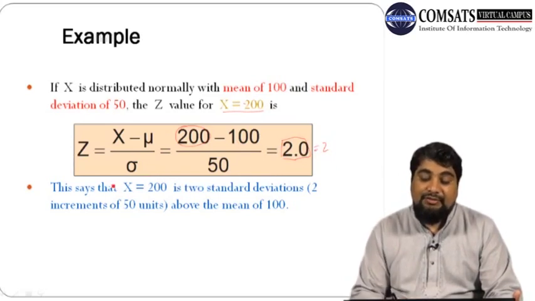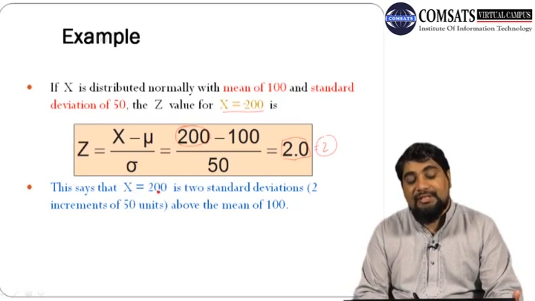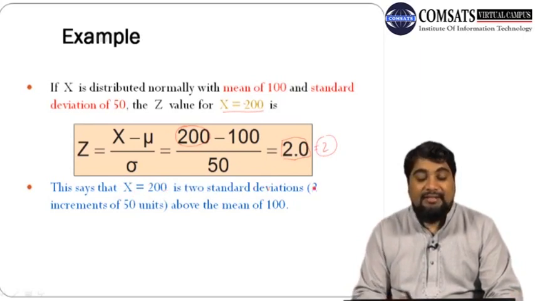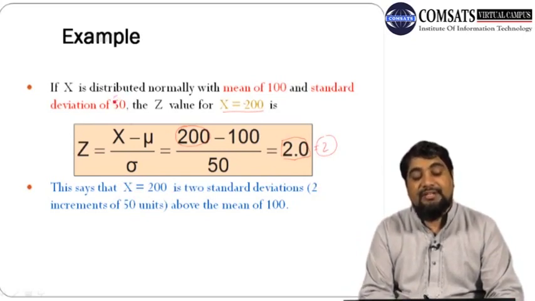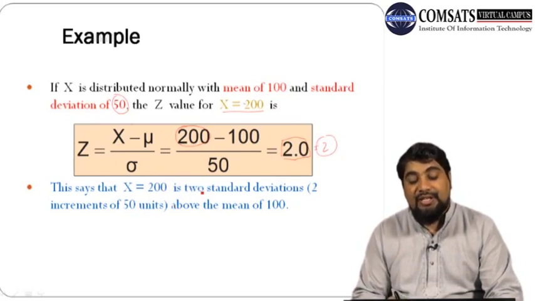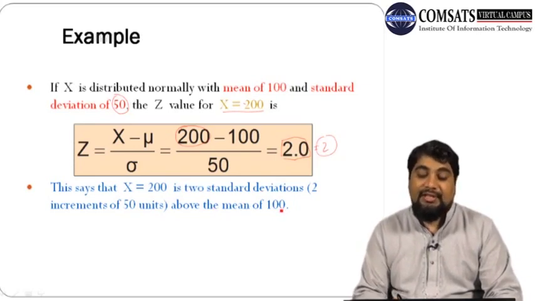This 2 means that x equal to 200 is 2 standard deviations, that is 2 increments of 50 units, because 50 is the standard deviation. So x equal to 200 is 2 standard deviations above the mean of 100.